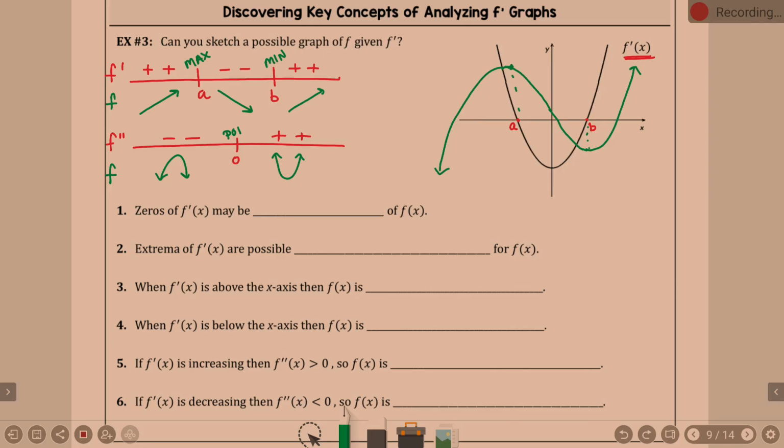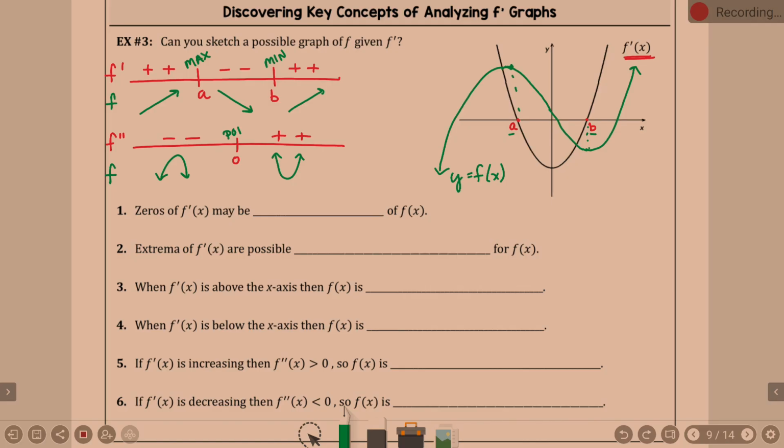Okay, and so what I just put on here in green is the y equals f of x graph. Zeros of f prime of x may be what of f of x? So A and B of f prime of x were what on f of x?